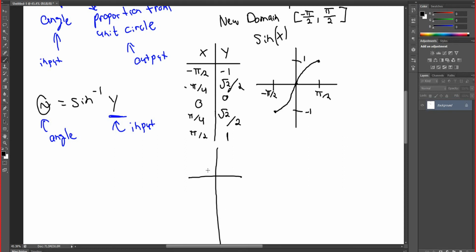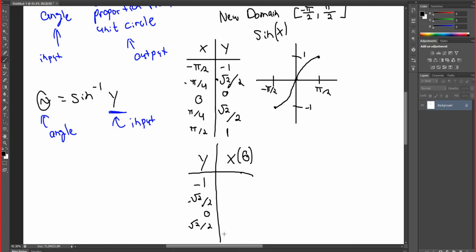My inputs are now going to be my y's instead of my x's. My output will be the theta, which is the x. And I'm really just going to copy exactly what I see. So I have -1. No, this should be a negative √2/2, 0, √2/2, and 1.